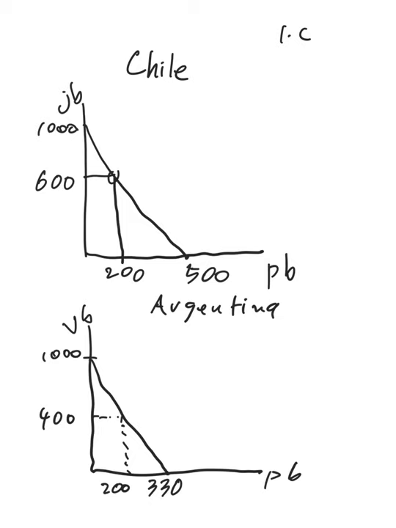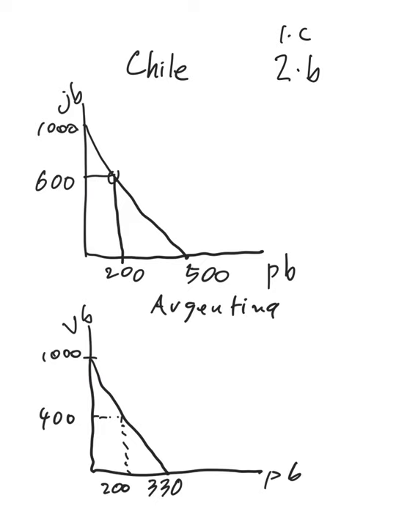If Chile wants one more jelly bean, it has to sacrifice 1/2 of a unit of peanut butter. So Argentina makes a smaller sacrifice in order to get the one jelly bean. So Argentina has the comparative advantage in the production of jelly beans. So the answer to number 2 is B, Argentina.